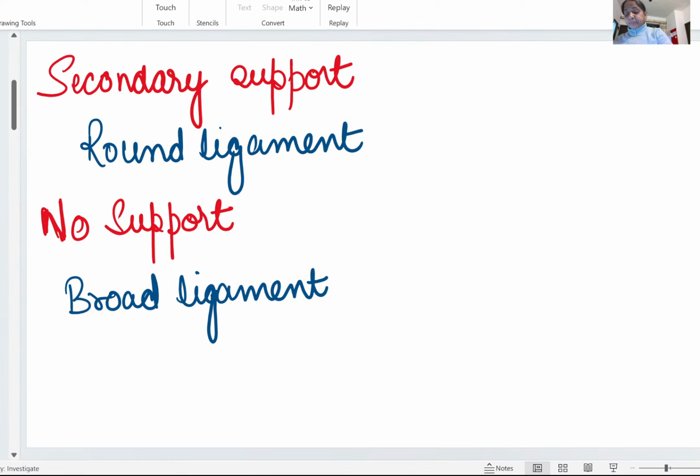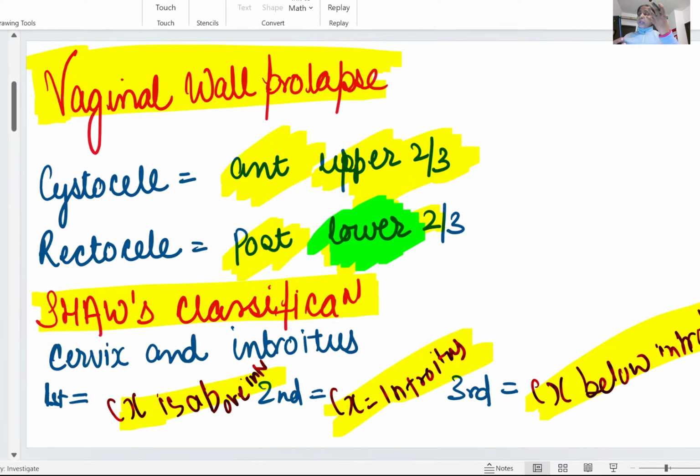Now when the uterus prolapses, the uterus comes down from its position. What else comes down? The vaginal wall also comes down.